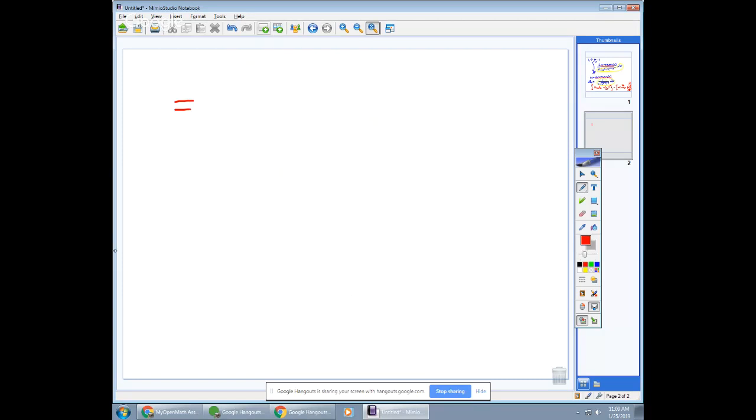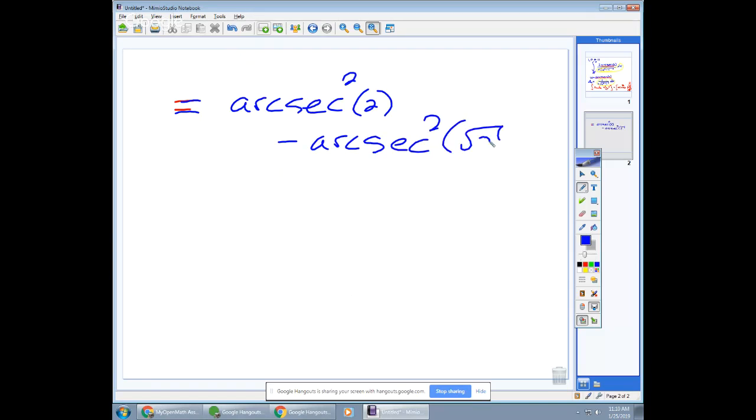So that integral should equal the arc secant squared of 2 minus the arc secant squared of the square root of 2. I think this one wanted an exact answer as opposed to a decimal answer, which means we have to figure out what the arc secant of 2 is.